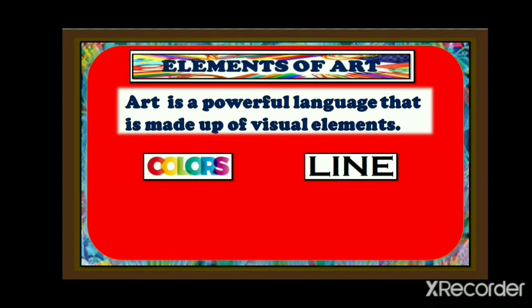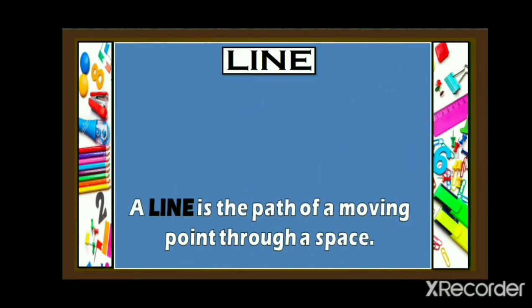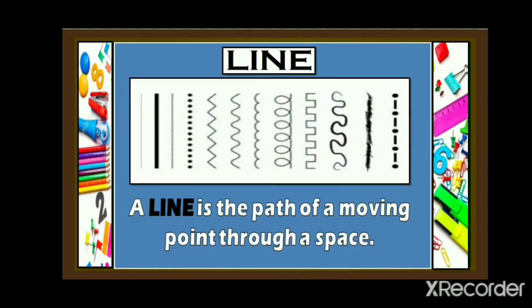The diagonal or slanting lines show action and excitement. The zigzag lines create a feeling of conquest, and the curved lines express graceful and flowing movement. So a line is the path of a moving point through space.